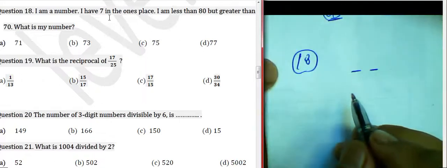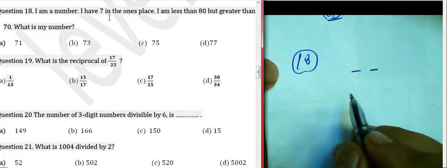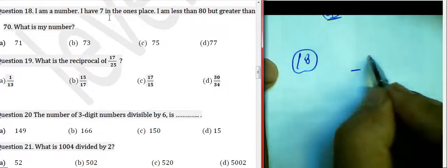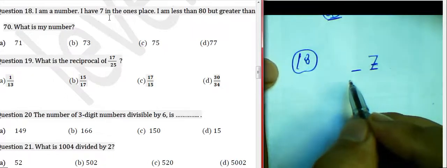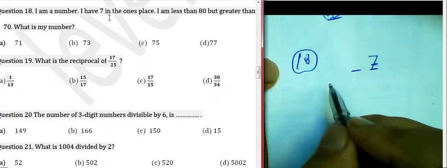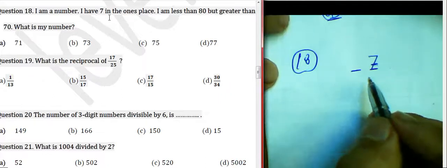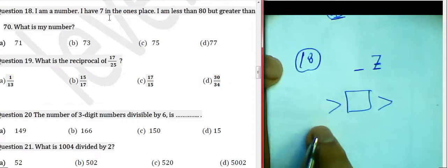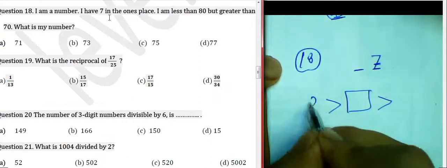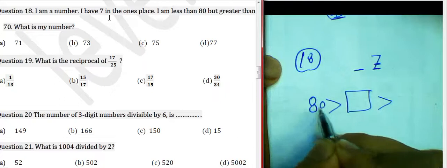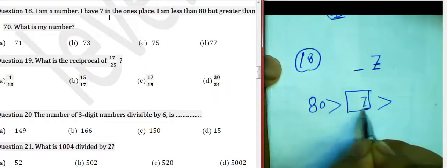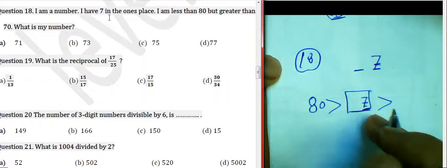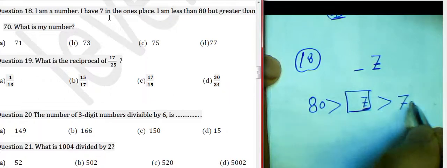It tells us I have 7 in the ones place, and I am less than 80, but greater than 70.